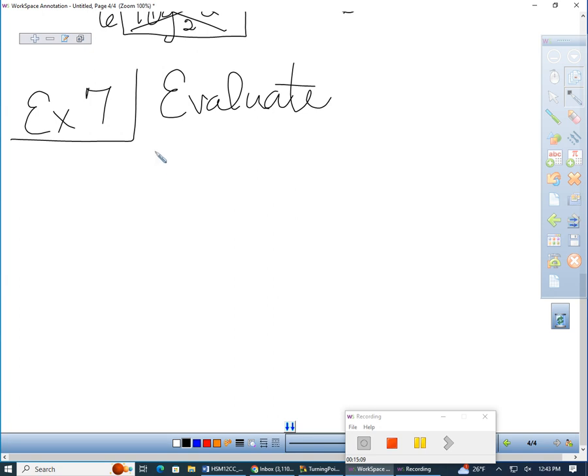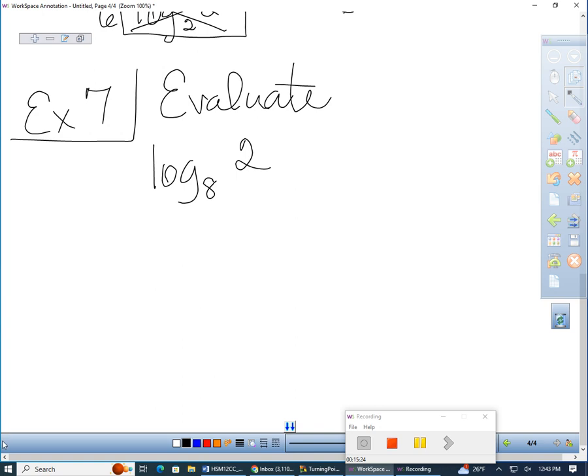Let's say I have log base 8 of 2. Log base 8 of 2.